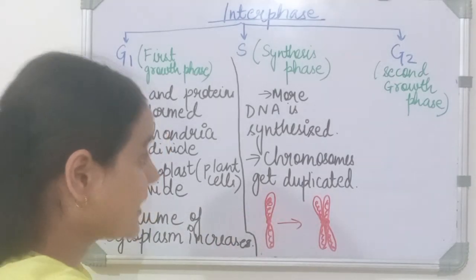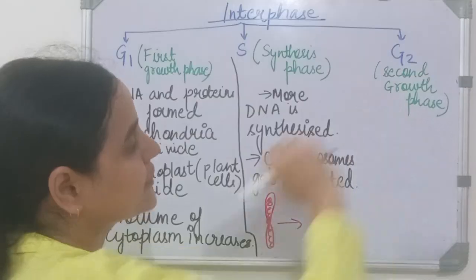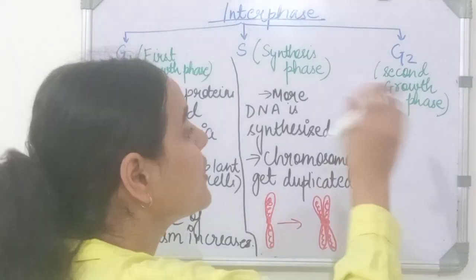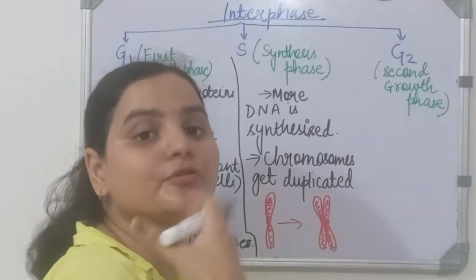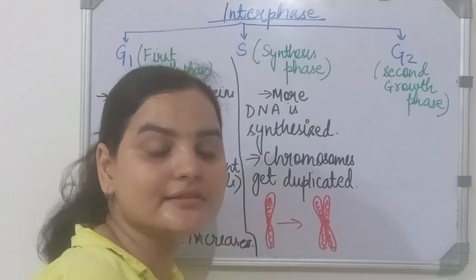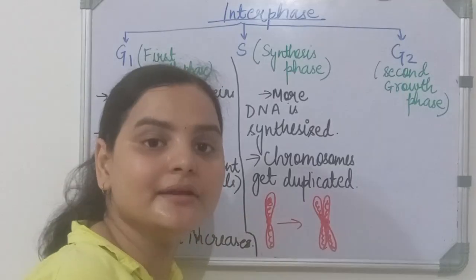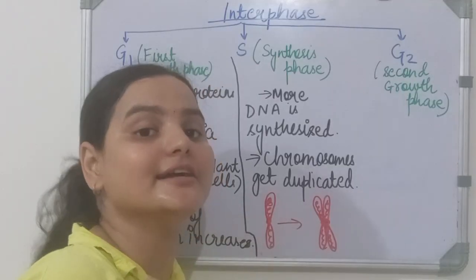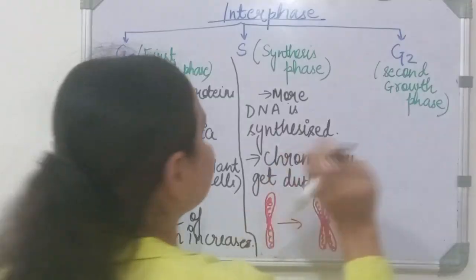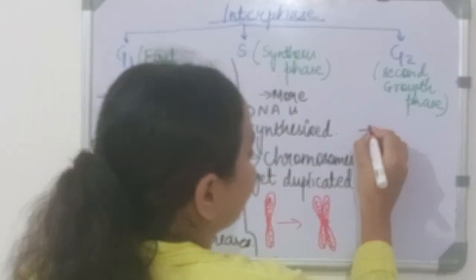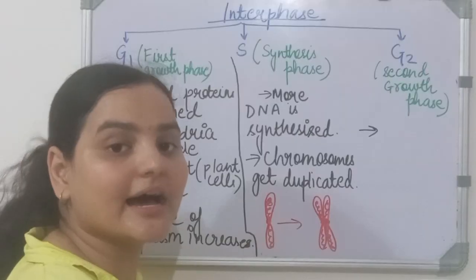Now in G2, second growth phase, what happens here? Again, more amount of proteins and RNA are being synthesized to aid, means to help, in cell division. Okay, so here again remember, both in G1 as well as G2, amount of RNA and proteins are synthesized.